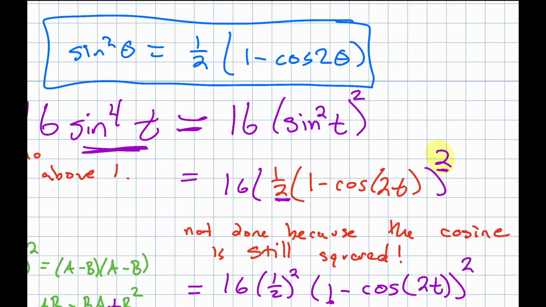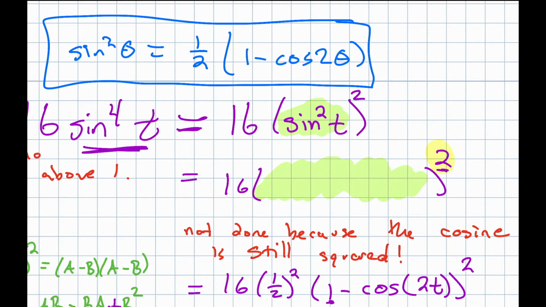It's the same exact kind of concept as the previous one. I keep the 16, the square here, the square here, but in the middle I've got sine squared t, so this is going to be whatever sine squared t is, and then we just copy the formula.